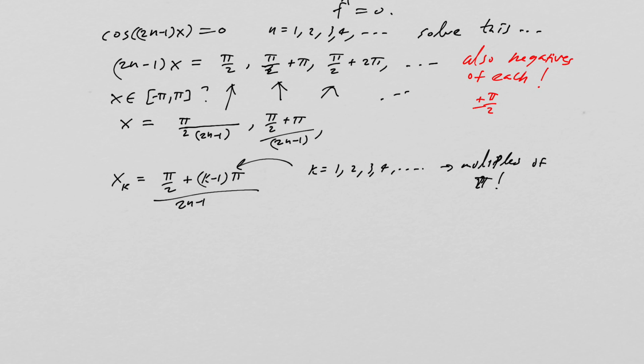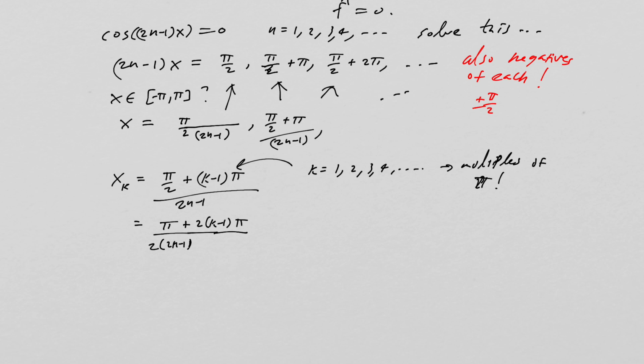And so what we're going to do is, of course, simplify this a little bit. This is going to be pi over 2 times 2n minus 1, just like before. And then I'm going to add a 2 times k minus 1 times pi, and we have it all under a nice common denominator here.